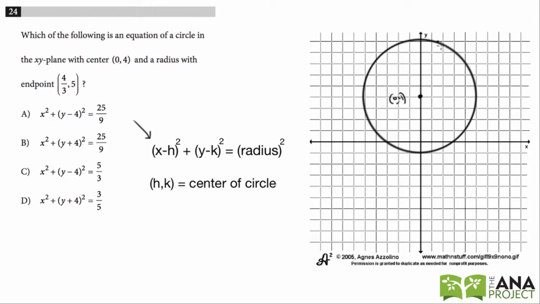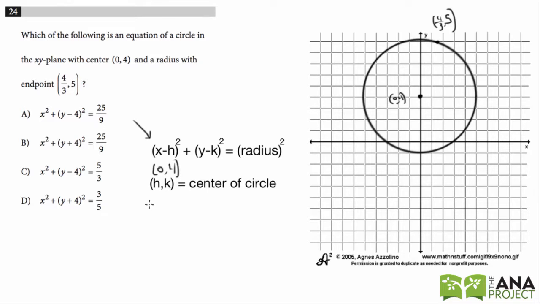And then we have an endpoint right here at (4/3, 5). In this case, (h, k) is (0, 4).